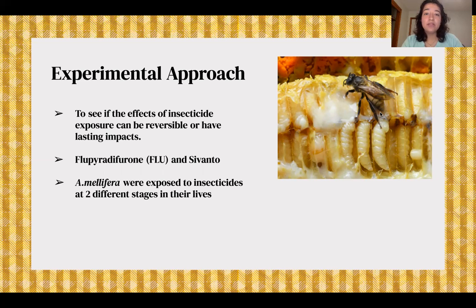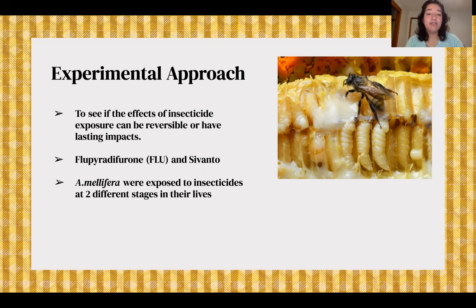So in order to do this experiment, they used 2 different types of insecticides. One is the brand Sivanto, which is a commercial grade insecticide that is used nationwide. And the reason why this insecticide in particular was selected is because it is advertised as a safeguard for beneficial insects such as Apis mellifera.